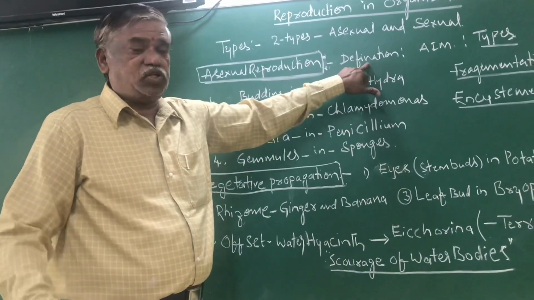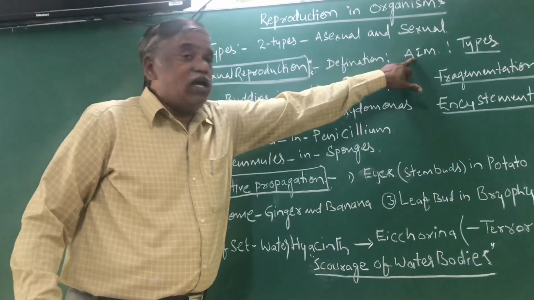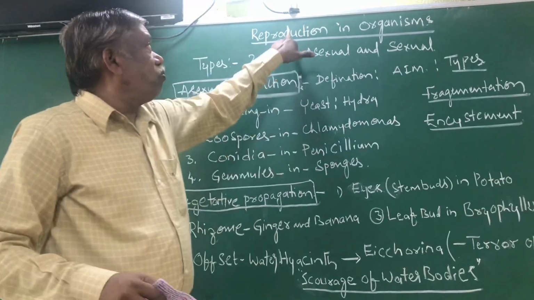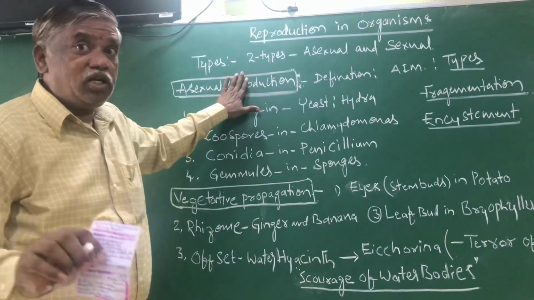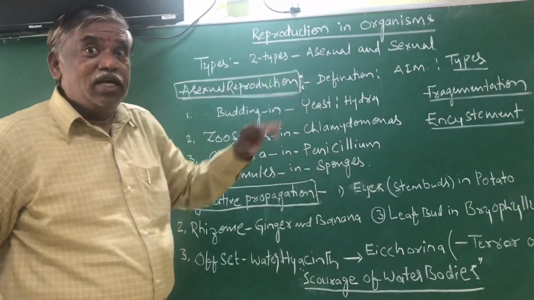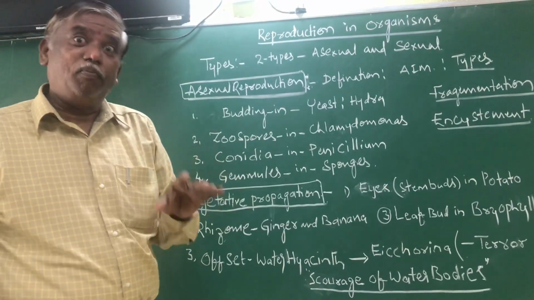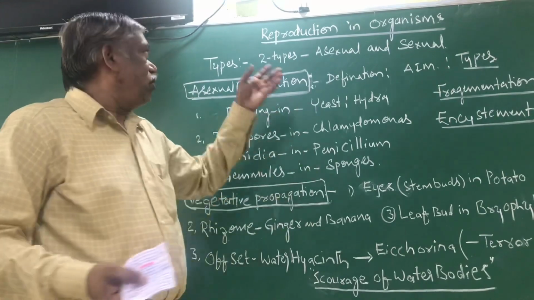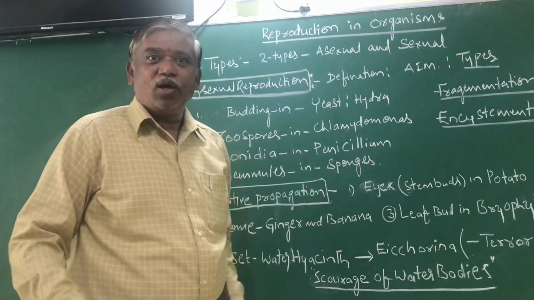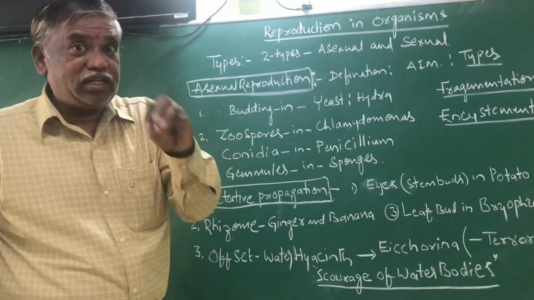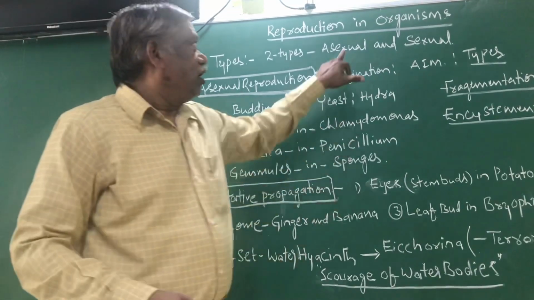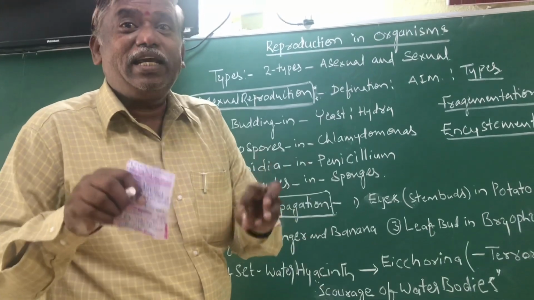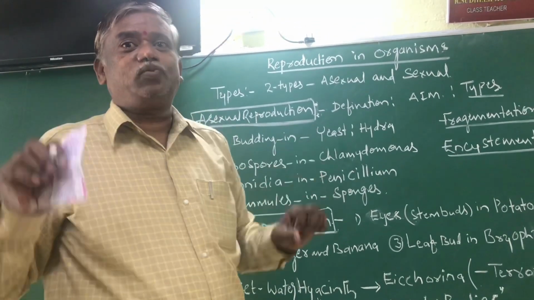Now this is the definition I give you. Now what is the aim? Just to be careful, the aim of reproduction, I am not saying asexual, the aim of reproduction is the continuity of life. But the aim differs from asexual to sexual. Keep in mind, some death is going on. The aim of asexual reproduction is that the genetic information is preserved.